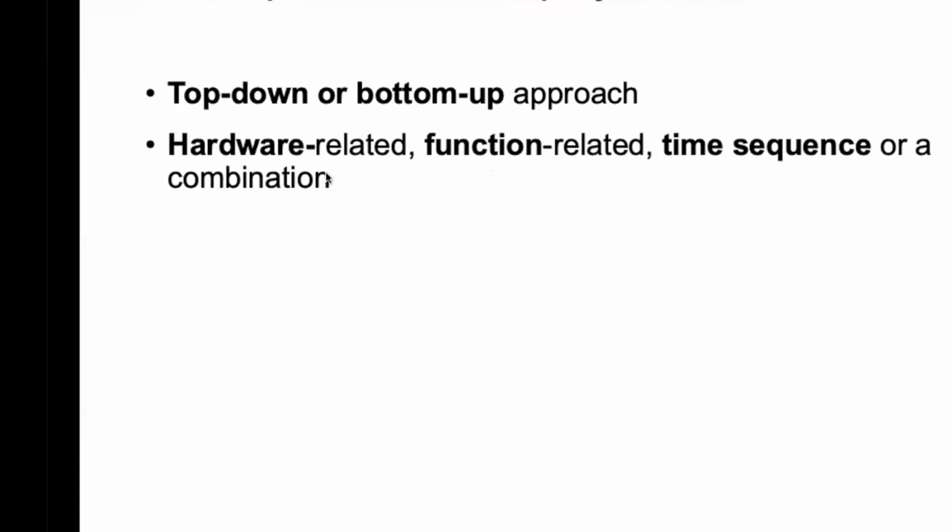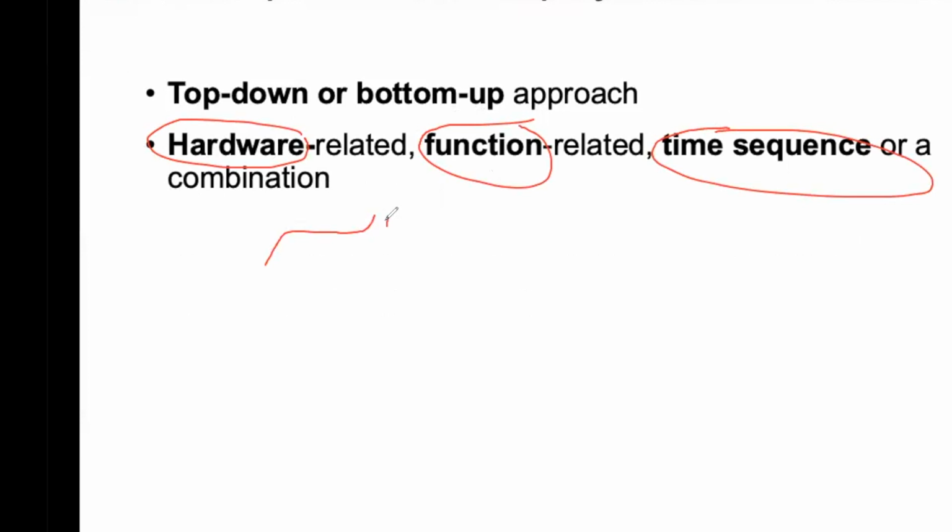I want to emphasize this one. It can be hardware related, function related, or time sequence. You can do a work breakdown like this, for example. What are the sub projects in furnishing a classroom? That's going to be an assignment, so please listen carefully.